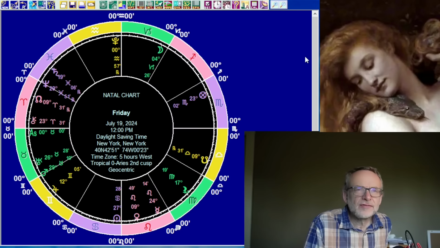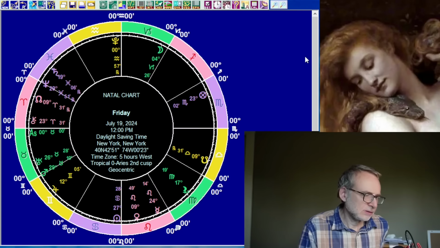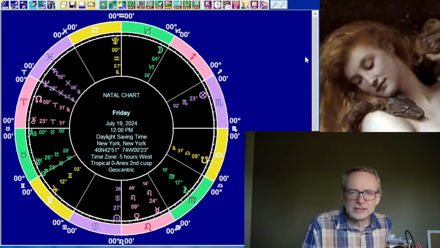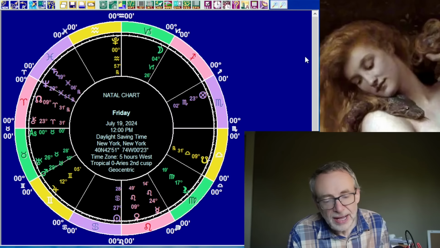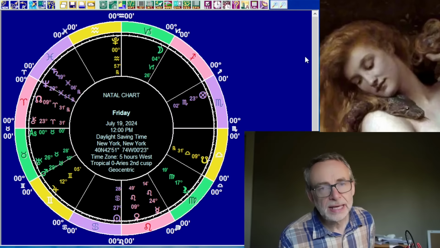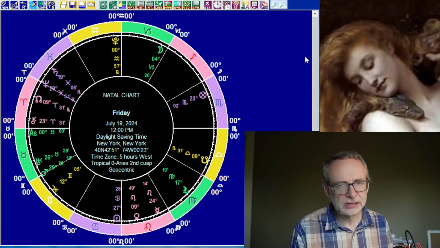So if you are in a situation that seems to be going nowhere, that isn't to your taste, that seems boring, people are talking about the wrong things, and you're feeling sidelined, then you actually have a scope here, Taurus, for making some kind of intervention that changes everything.